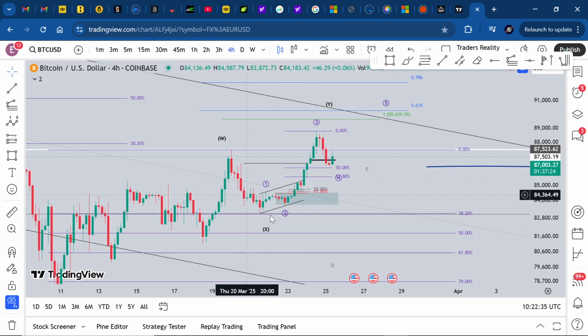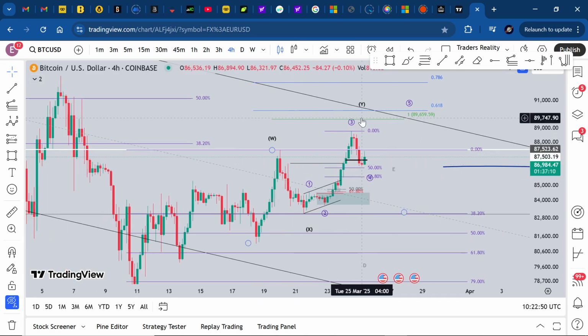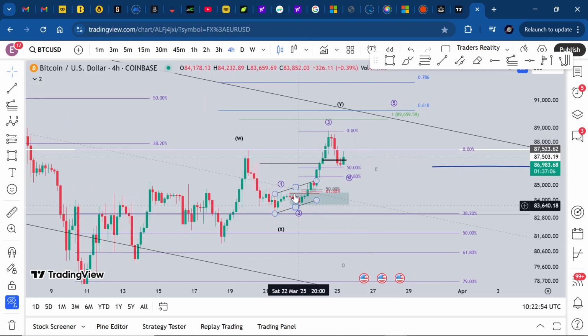Potentially it could be 1 2 1 2 3 4 5 and 3, or it could be 1 2 3. Either way, both of them leave us with 3. We got an extended wave here. We got a pullback. We haven't had a significant pull down. I mean, look, that's our 2. Where's our 4? So this is most likely the 4 for this 2.